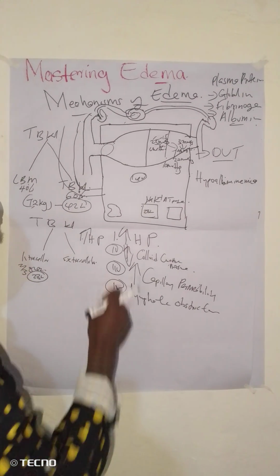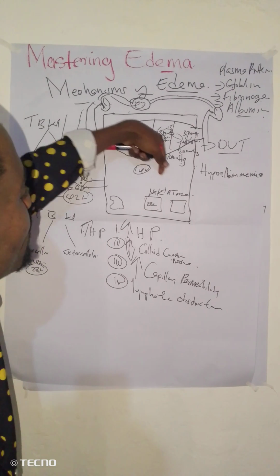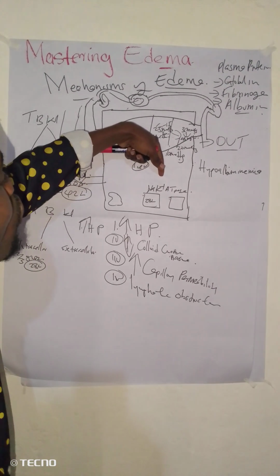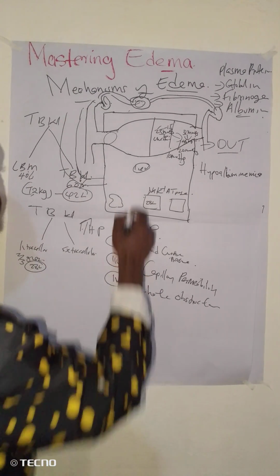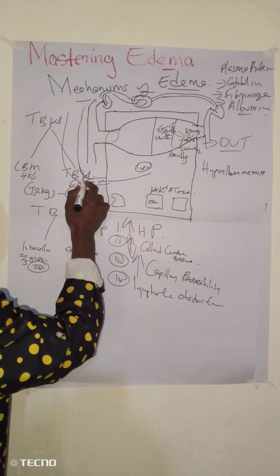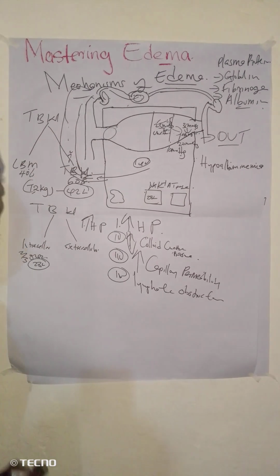Yeah, because it can be pushed into the interstitium, but due to large molecules that can't be reabsorbed back, they will have to drain through the lymphatic system and then get back into the heart.